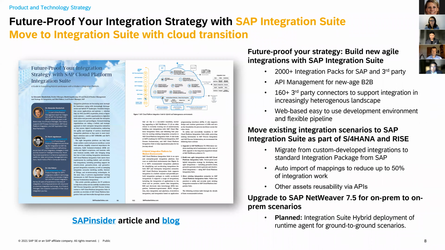And our recommendation for customers who are looking forward towards cloud transition is, from an integration perspective, start utilizing Integration Suite for cloud and hybrid integration scenarios, where you can benefit from 2000 plus integration packs across SAP and non-SAP solutions and third-party applications.